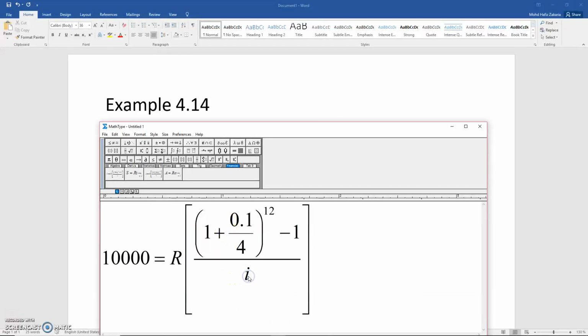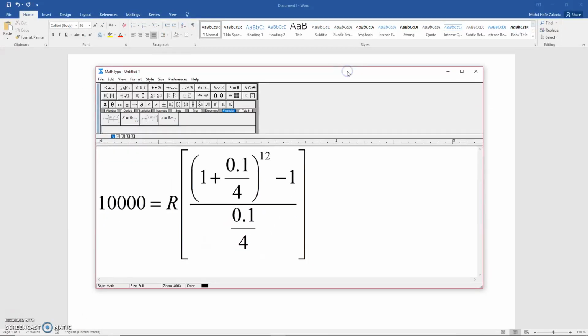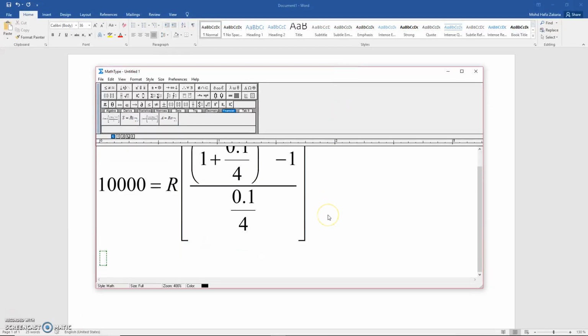And I here is equal to 0.1 over 4. Now that we have everything, we can calculate for the R.